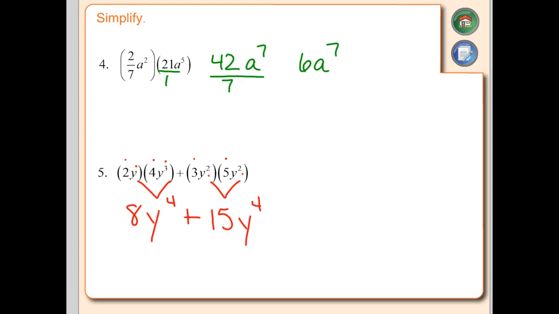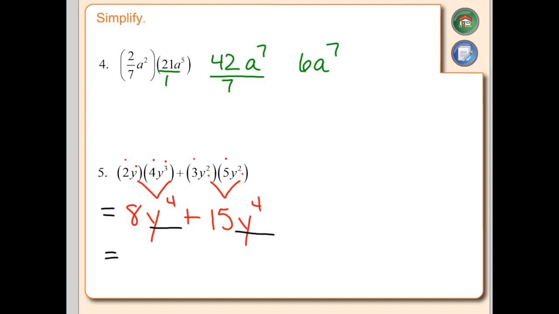Of course we can. Did you notice they're like terms? They are. Okay? Our variables and exponents are exactly the same. Remember, we learned yesterday like terms have the same letter and the same exponent. The only thing that's different is my coefficients, those numerical coefficients out in front.